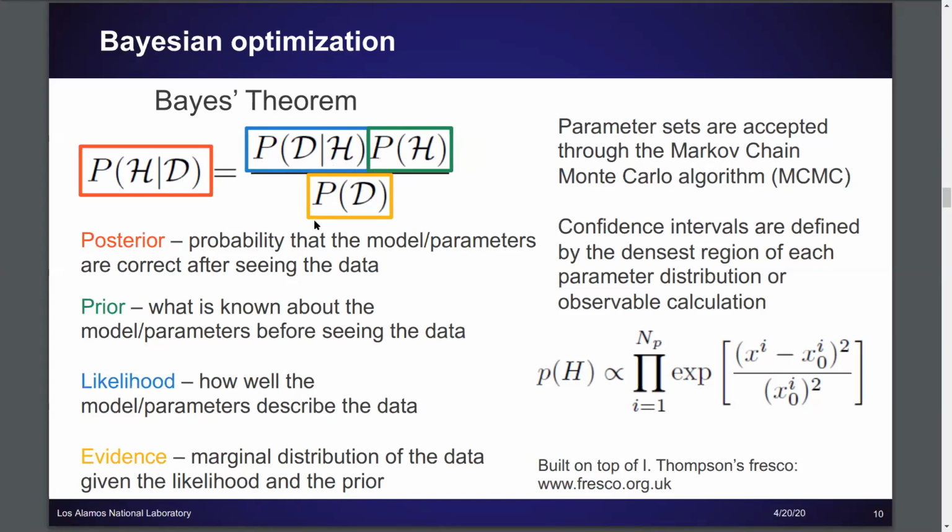The last part of Bayes' theorem, down here at the bottom, is the evidence, or the Bayesian evidence. It's the marginal distribution of the data given the likelihood and the prior. This typically consists of a sum or an integral over your whole model space and all possible models. As you can imagine, this is typically either very computationally expensive or near impossible to calculate.